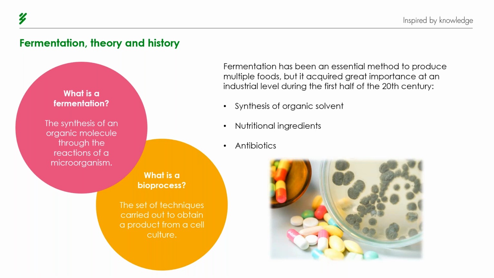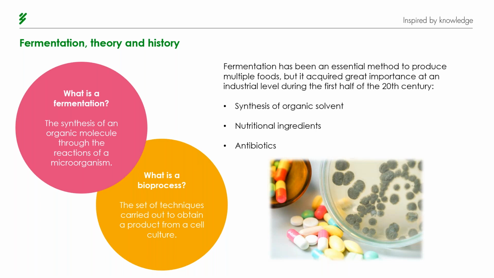Originally, the products obtained from fermentation were foods such as bread or cheese, or alcoholic beverages such as beer or wine. But during the 20th century, the power of microorganisms began to be used to synthesize specific compounds.